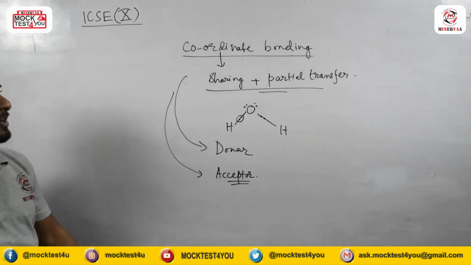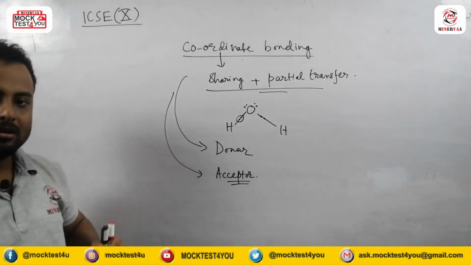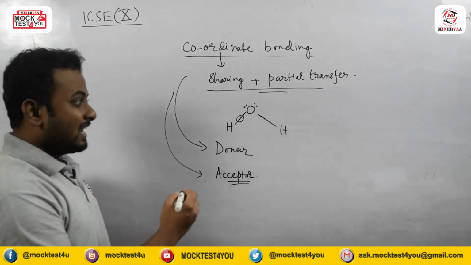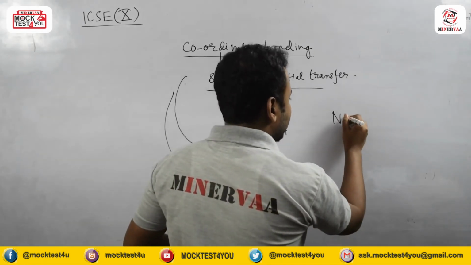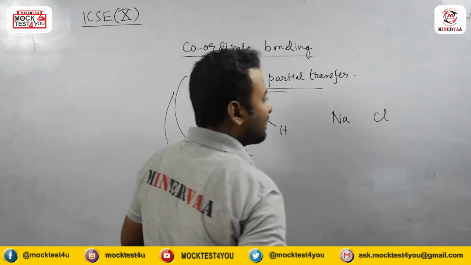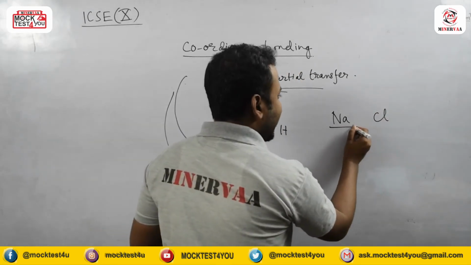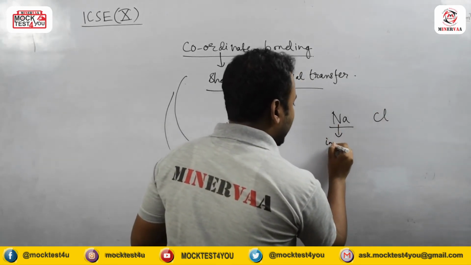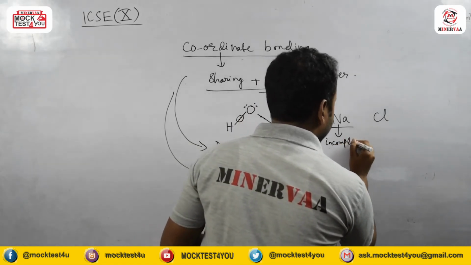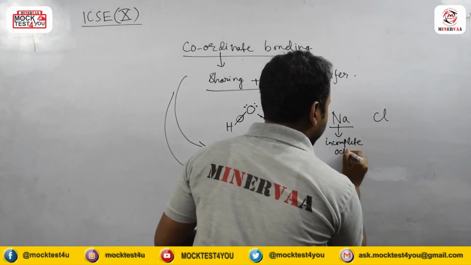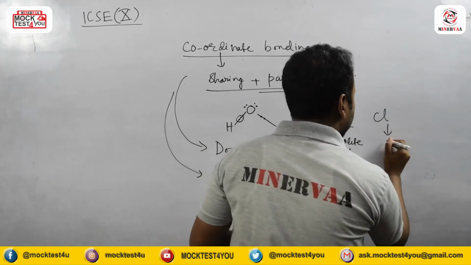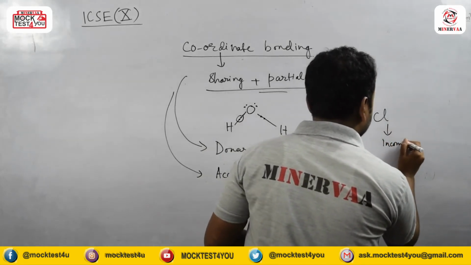So what is the difference between coordinate bonding and ionic bonding, right? In ionic bonding we have seen, let us consider the example of NaCl, okay, where Na had an incomplete octet, and Cl also had an incomplete octet.